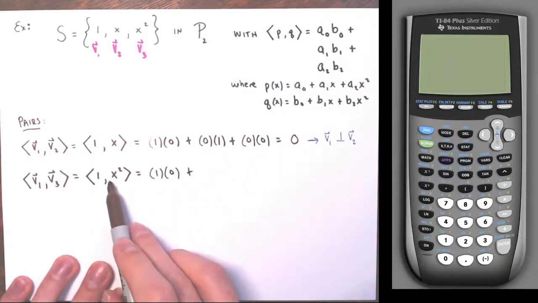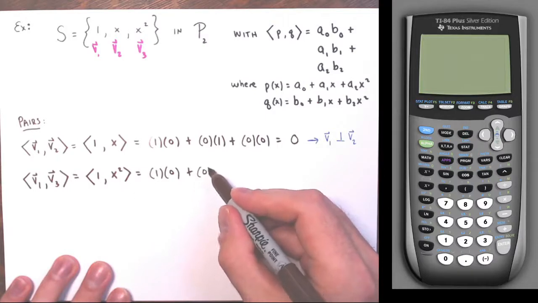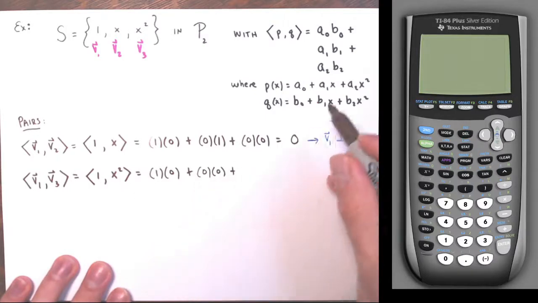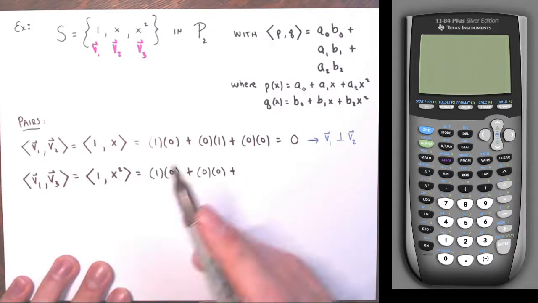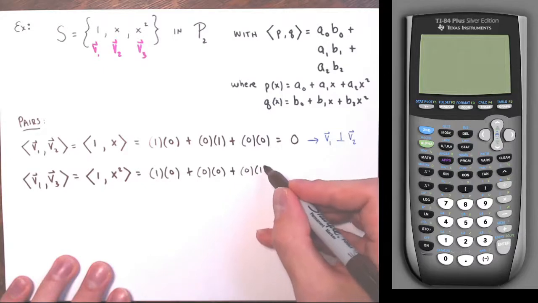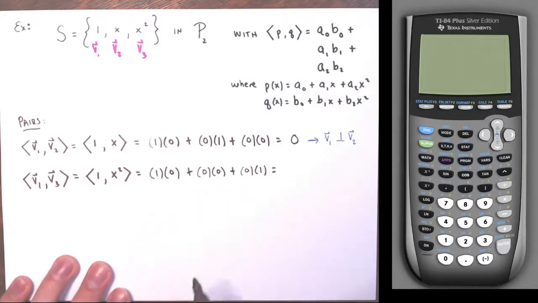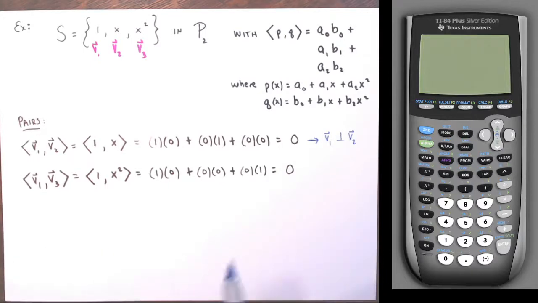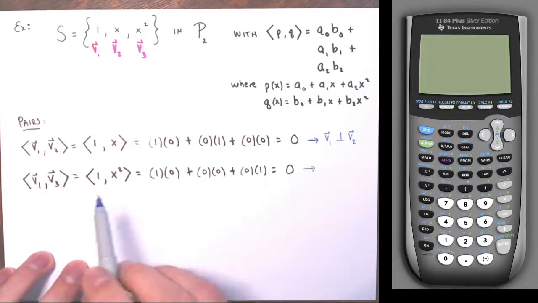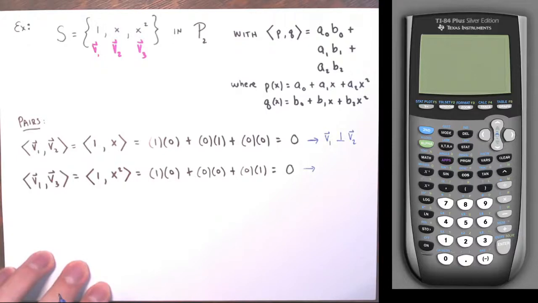Neither of them has an x, so 0 times 0, plus the product of the coefficients of x squared. There's no x squared in the first one, and 1 x squared in the second, so 0 times 1. And yet again, hopefully you're seeing this is 0 plus 0 plus 0, or 0. So the polynomial 1 and the polynomial x squared, which I called V1 and V3, are also orthogonal.